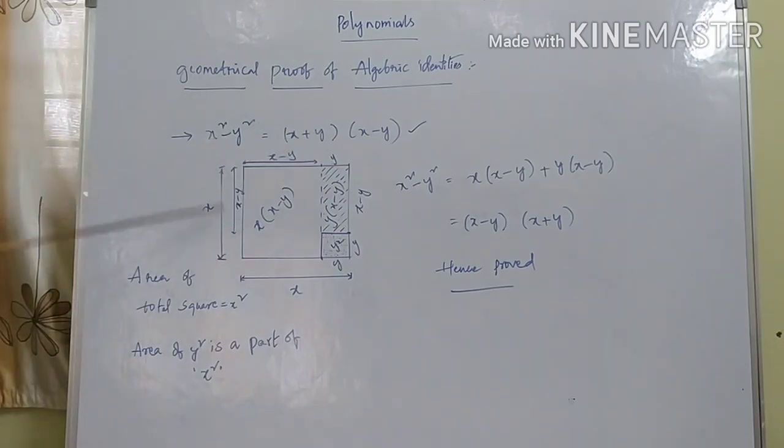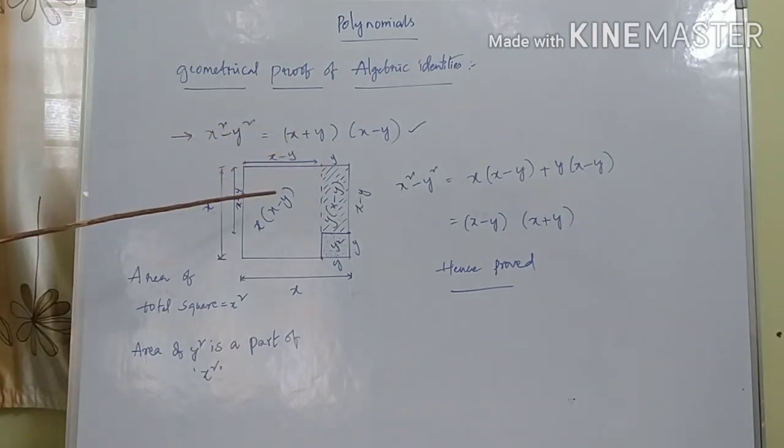This total side is equal to x. Remove the small length, that is equal to y. So the side is x minus y. Because the total length is x, we remove a small length y. So here the length of this side up to this point is x minus y.